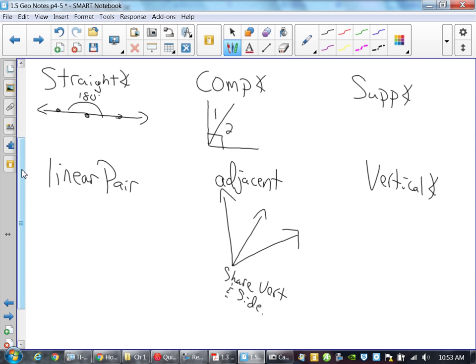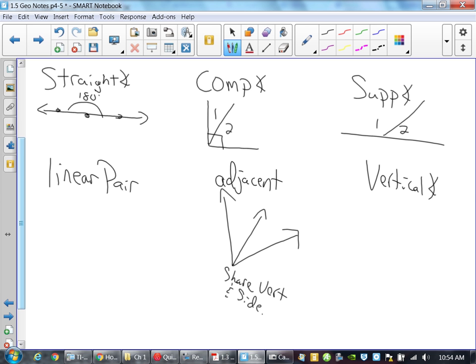And then supplementary. Two angles whose sum is 180. Same deal. To draw a supplementary angle, I would just do this again. Draw a line coming down. Call that 1 and 2. Easiest thing to do. Now, that's a good example of an adjacent supplementary angle, otherwise known as a linear pair.